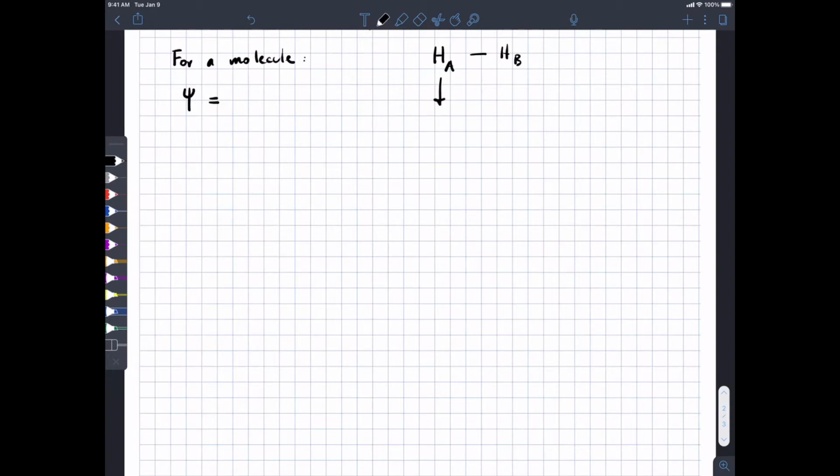So let's see. Hydrogen A comes with a 1s orbital, right? We'll do the same thing with B. I'm using the symbol phi to represent the Greek lowercase equivalent of F. Phi represents the atomic orbital or orbitals that come with an atom in our molecule.